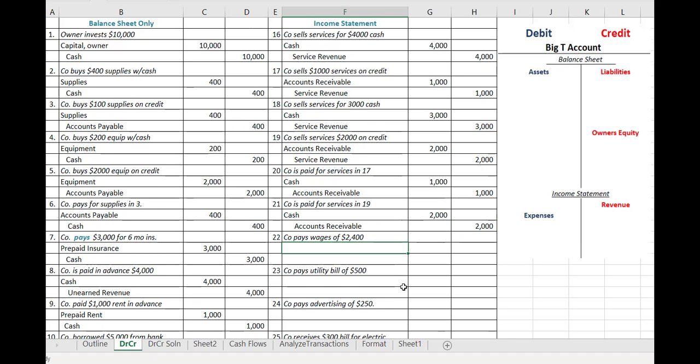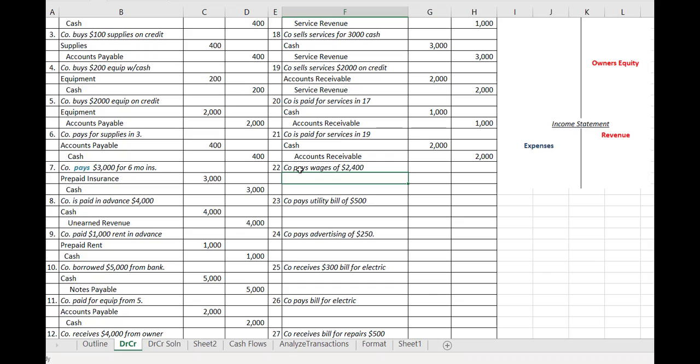Okay, now we've got a few. Now let's look at how the expenses will go. The company paid wages of $2,400. So we know the cash is going down. Expenses are debited to increase them. So I'm going to debit wage expense, and credit cash.